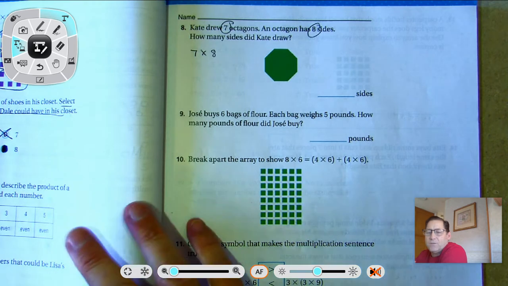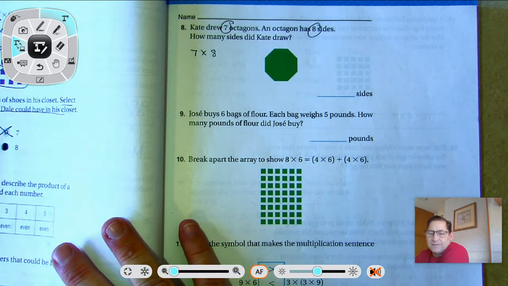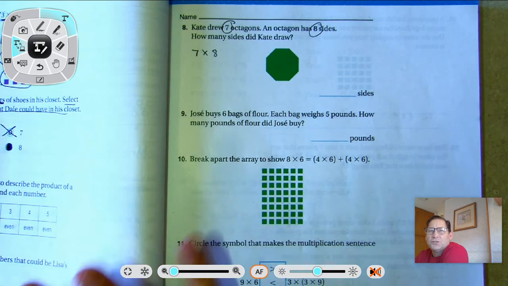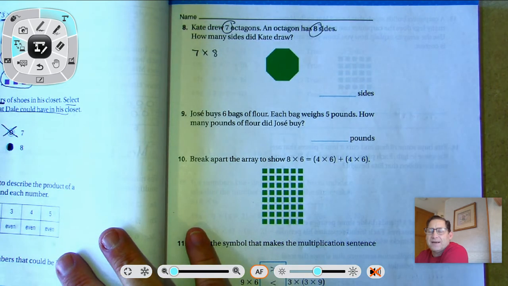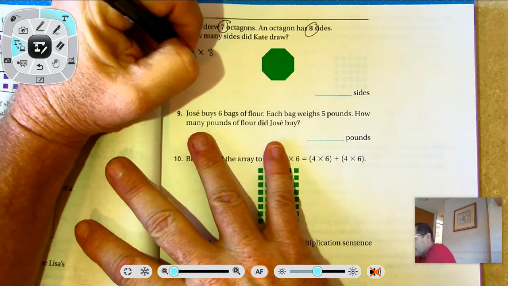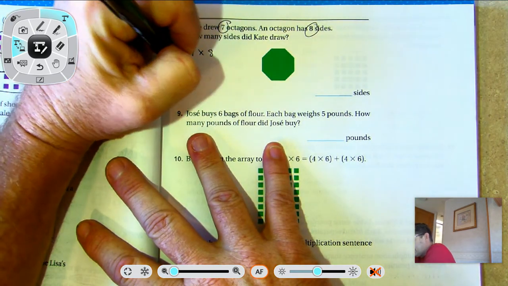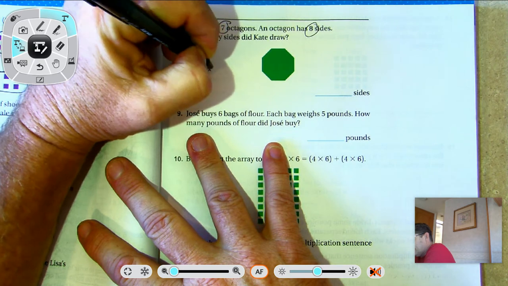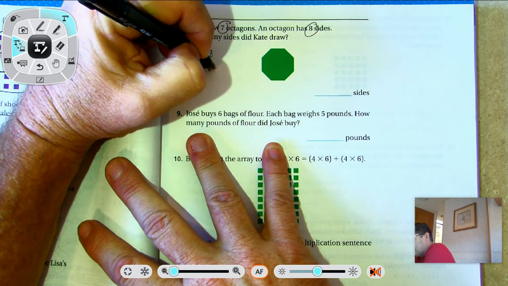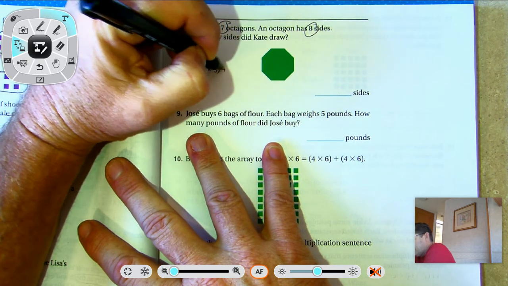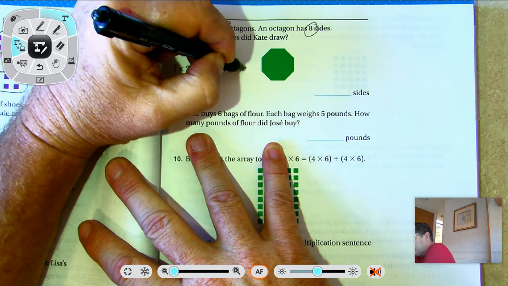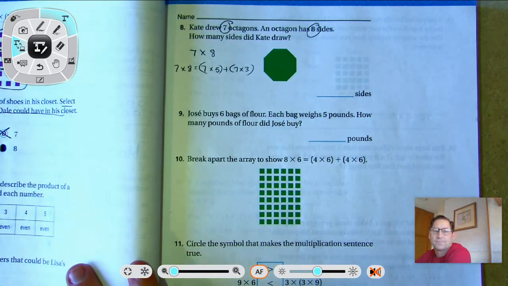Well, again, the easiest way to know that is just know what 7 times 8 is. But if we weren't sure what 7 times 8 is, can I make it into something a little easier to do? Well, I could rewrite 7 times 8 as 7 times 5 plus 7 times 3.